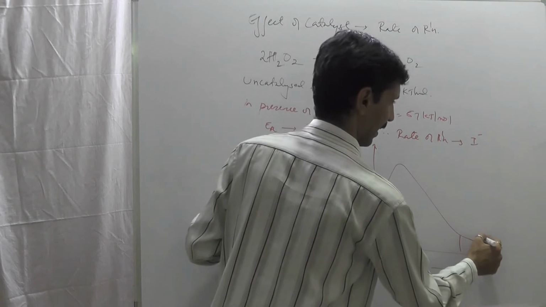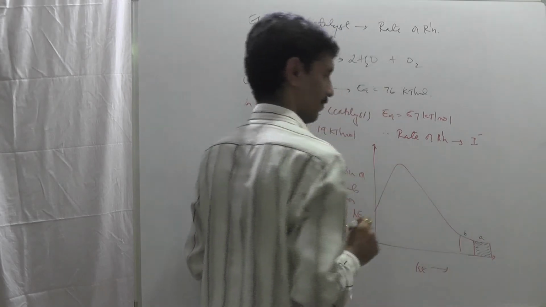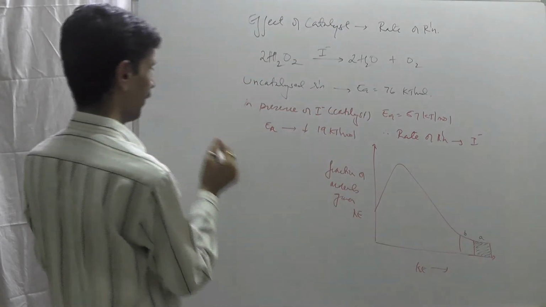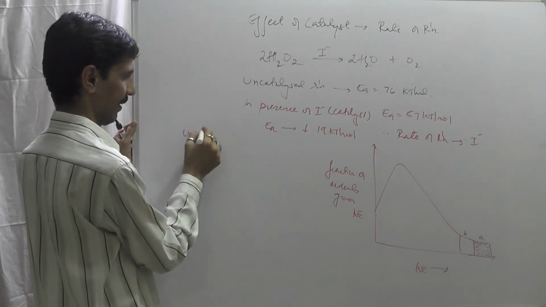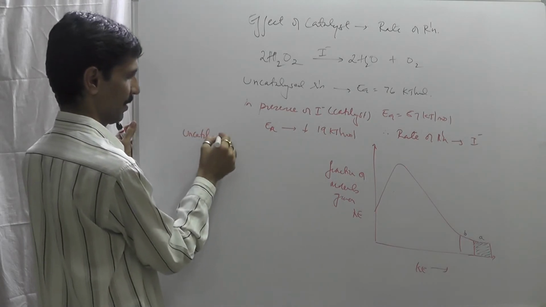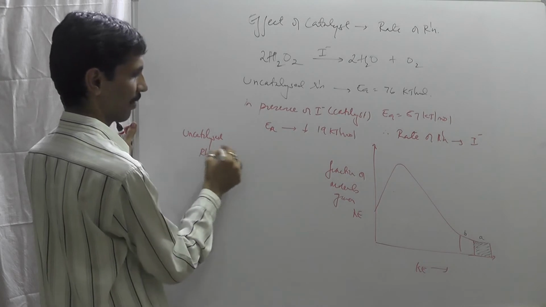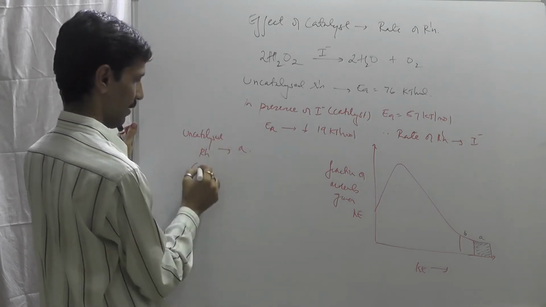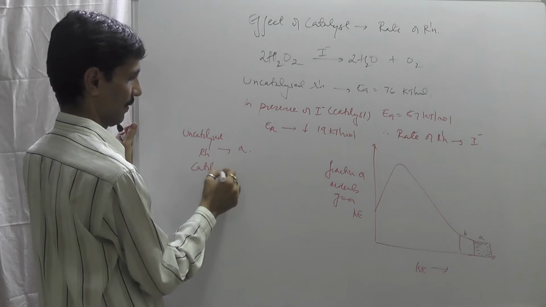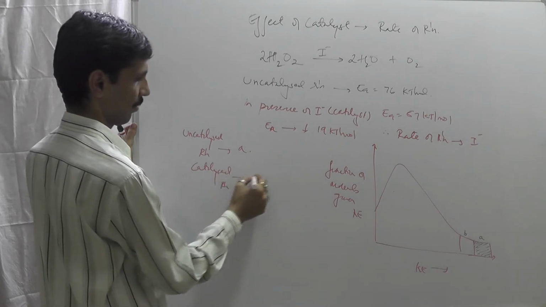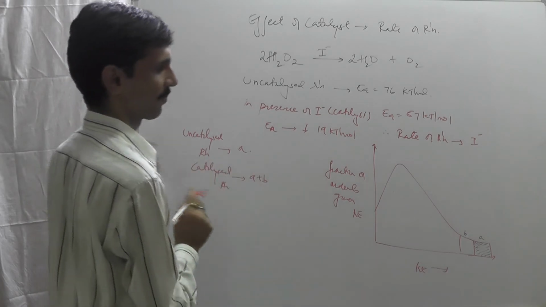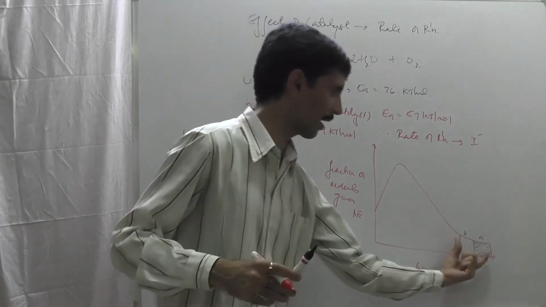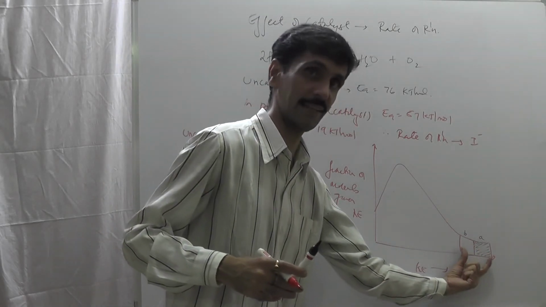This is A region and this is the B region. Okay. So what we need to say is, in an uncatalyzed reaction, the fraction of the molecules which are there is A, but in a catalyzed reaction, the fraction of the molecules which are there is A plus B. So it is very clear that the total number, this is the total one in presence of the catalyst.